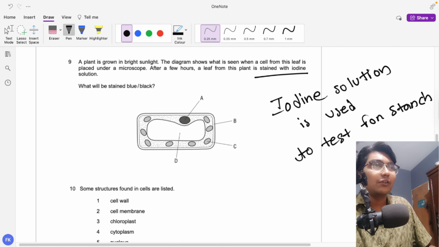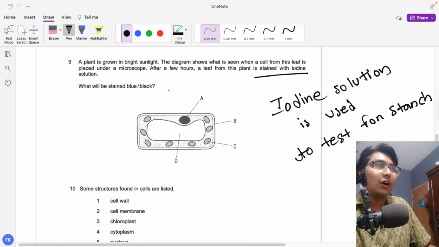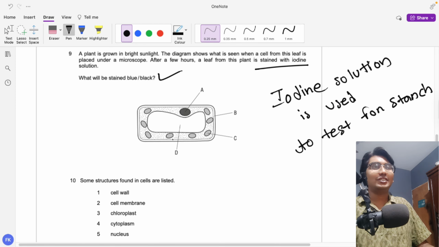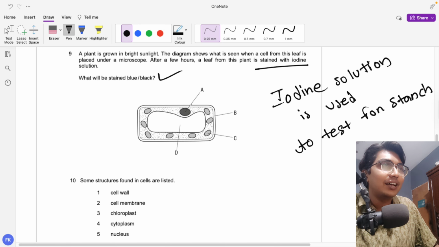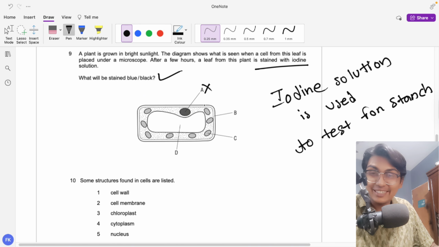So now we have a question. What they did, they put the plant in very bright sunlight, then after a few hours they removed one of the leaves. So what will be stained blue black? This is a very interesting question. Look, A is a nucleus. It doesn't contain starch, right?